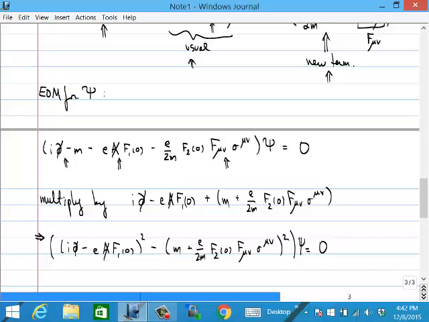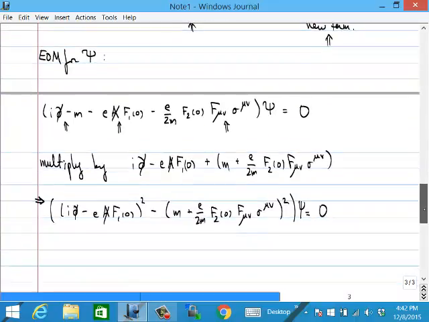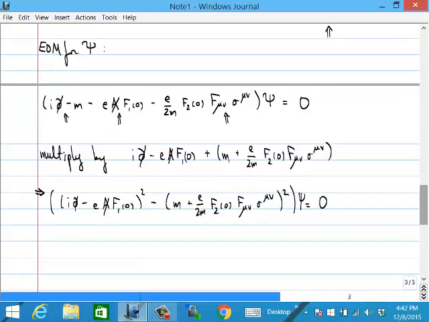So now what I want to do is simplify this equation just a little bit. Okay. So let me start by looking at this term here. So this is i d-slash minus e A-slash.